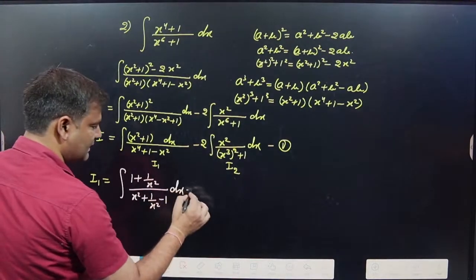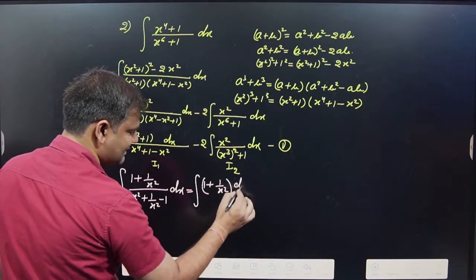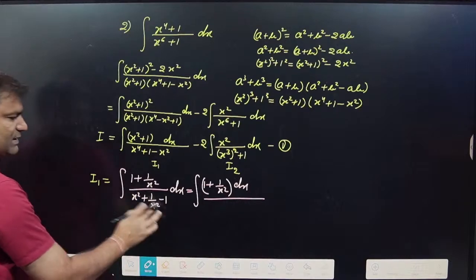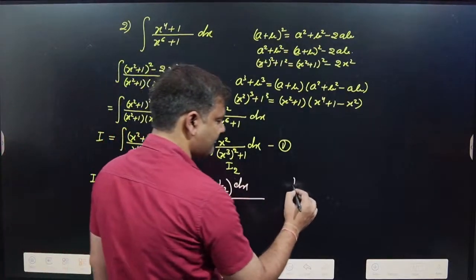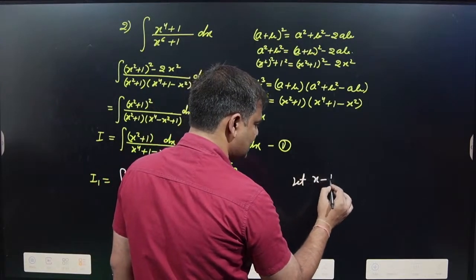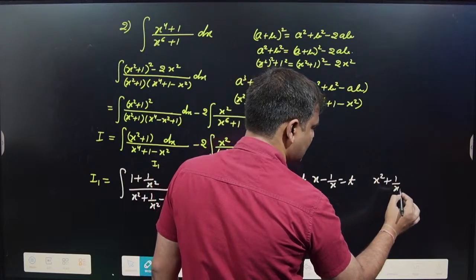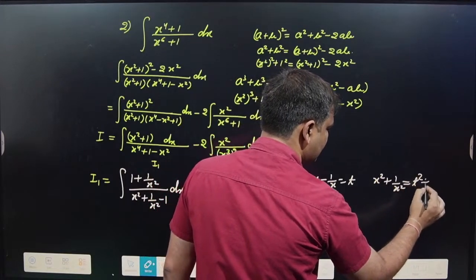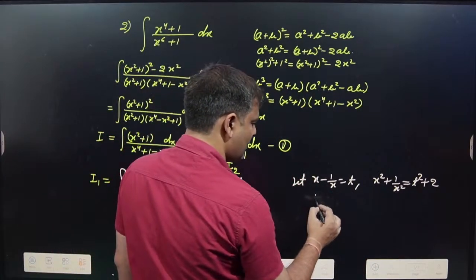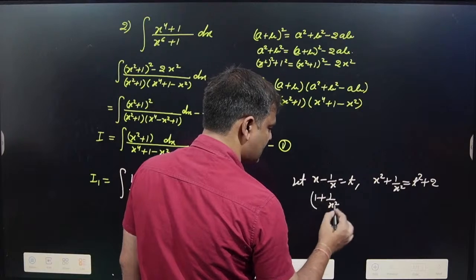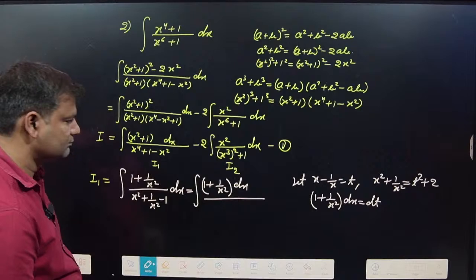That is written as integration of 1 plus 1 by x square into dx divided by, how can we make a perfect square? Now let x minus 1 by x be t, so x square plus 1 by x square will equal t square plus 2, and 1 plus 1 by x square dx is replaced by dt.